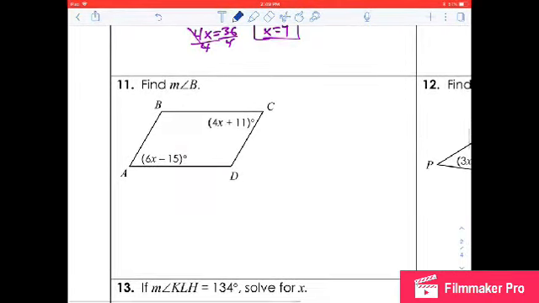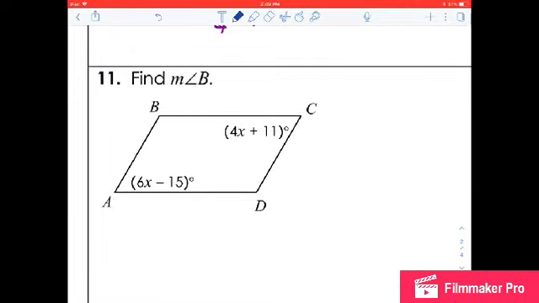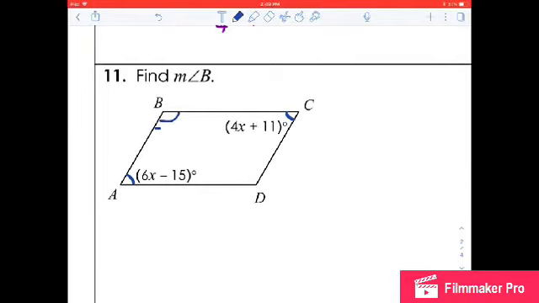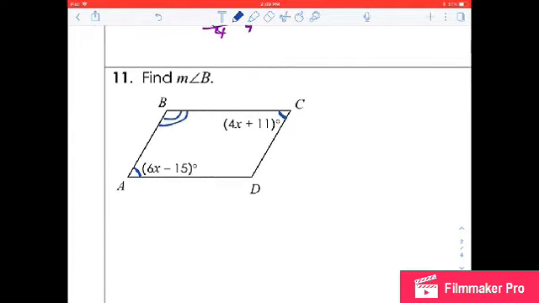Okay, so same thing here. Look at this. These two angles are opposite, which means they're equal. We're looking for angle B though. So what we're going to have to do is find x, plug it into one of these to find it, and then remember what these are. They're consecutive, so this and this are supplementary.